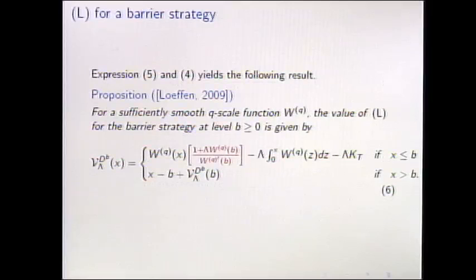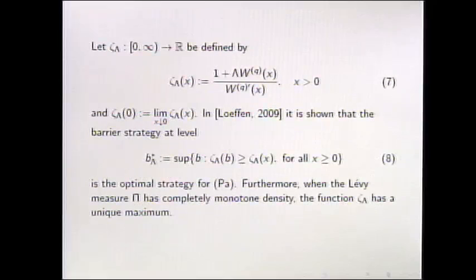So we take this part that I'm calling zeta lambda, and you just take the maximum of this. For the case when the Lévy measure has a completely monotone density, like most of the cases, for example, the alpha-stable process has this property, this function has a unique maximum, and that's going to be the optimal strategy.